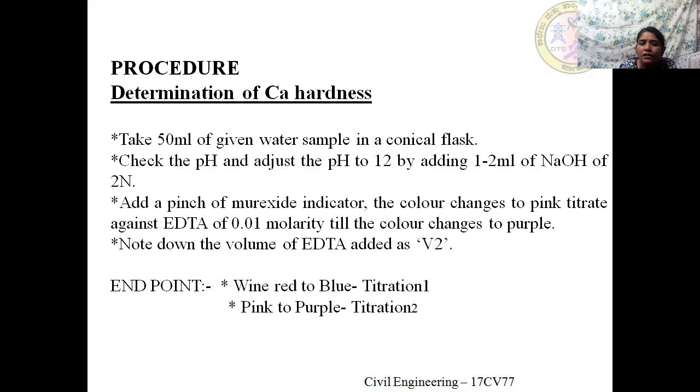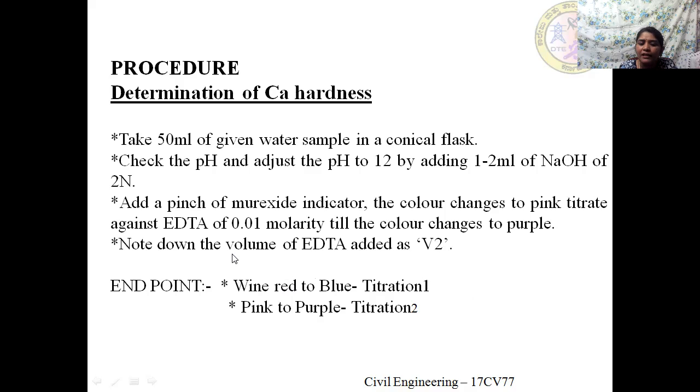So the endpoint here for calcium hardness is pink to purple. For total hardness, it is wine red to blue. We can see here the endpoint for titration 1, that is total hardness, is wine red to blue, and for calcium hardness, titration 2, the endpoint is pink to purple.